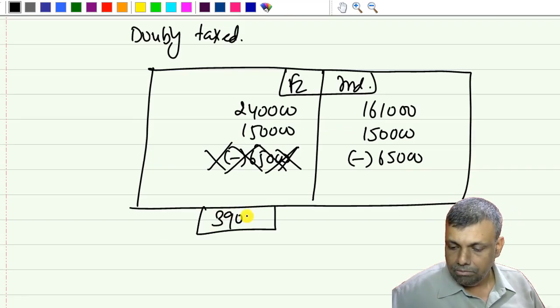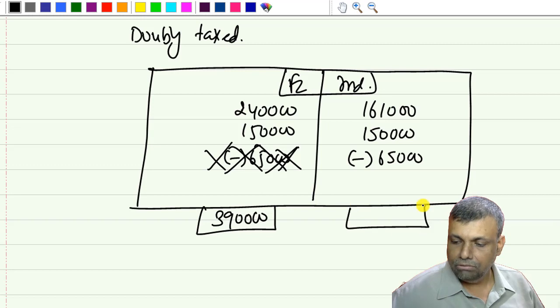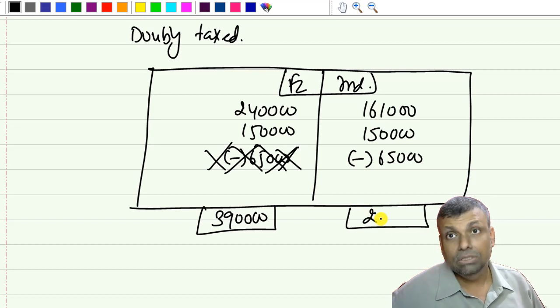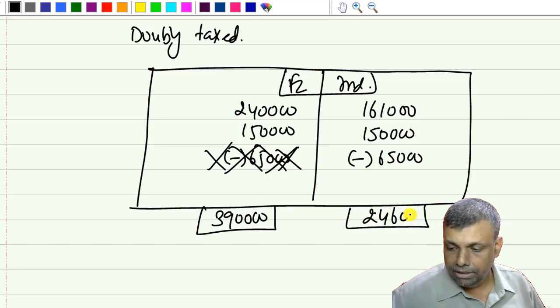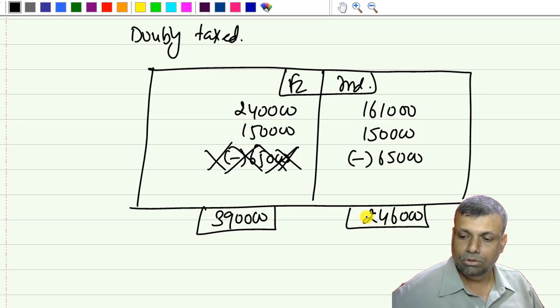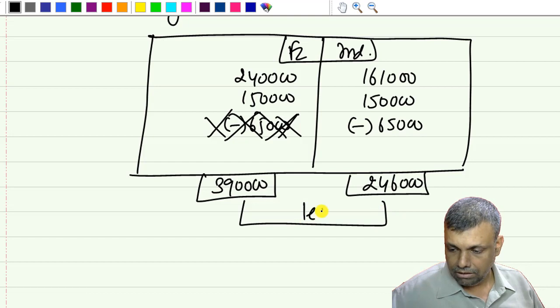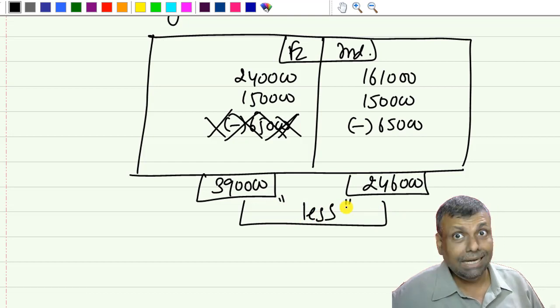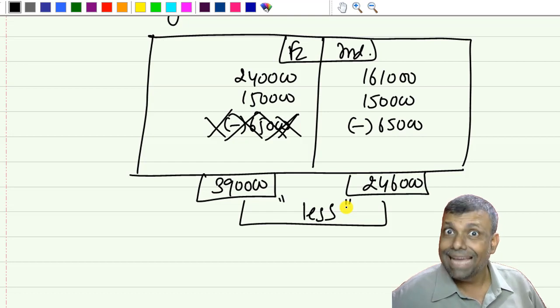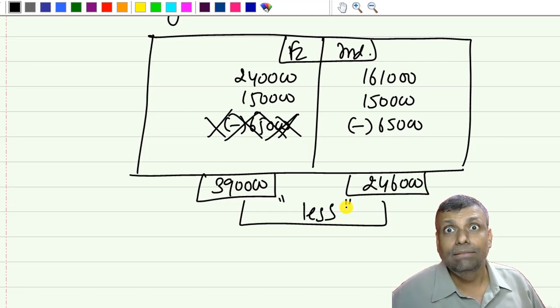So the income as per the foreign country was 3,90,000, but on a similar basis as per Indian law, it is becoming 2,46,000 rupees. Just keep on checking the calculation. Now logically you can say whichever is less, but don't write these things in the examination condition. I'm warning you, don't write this word less in the examination.